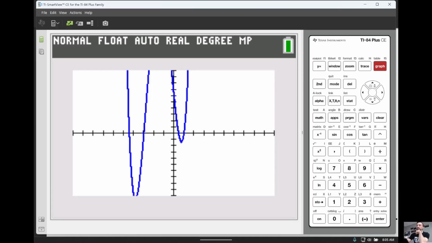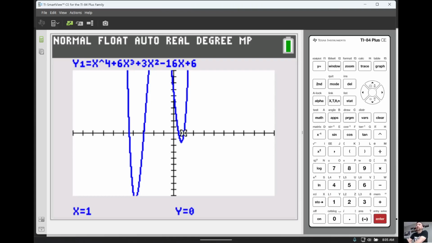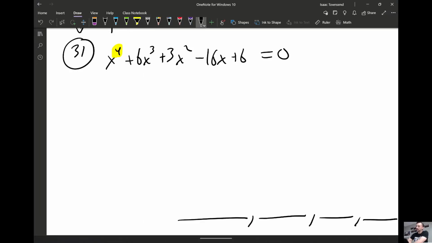So looking at these x-intercepts, what would you guess one of them might be? Okay. So it does look like it's going through 1, but we shouldn't assume that. So here's how you guys can check. If you do trace 1 enter, your calculator jumps to that point, and then it confirms for us down here when x is 1, y is 0. So that is great. 1 is one of our zeros.